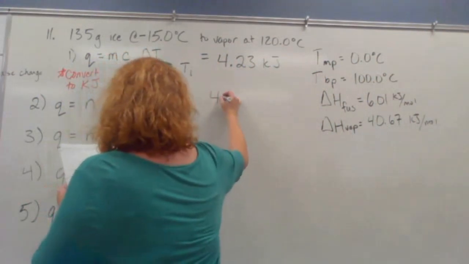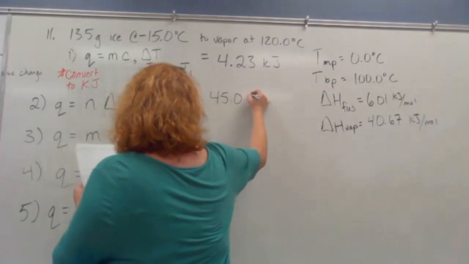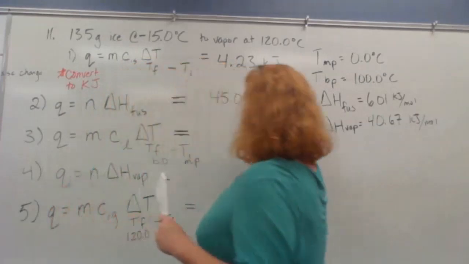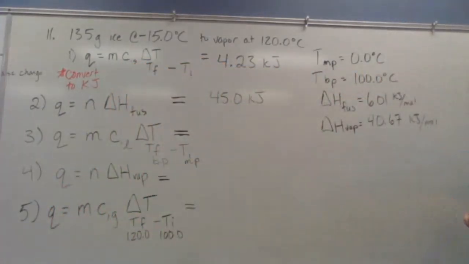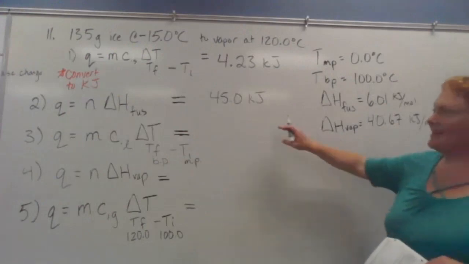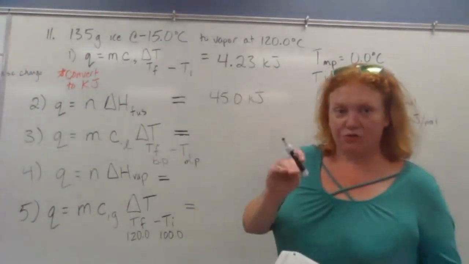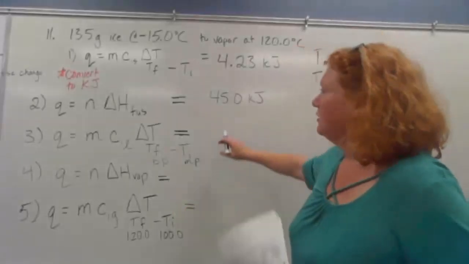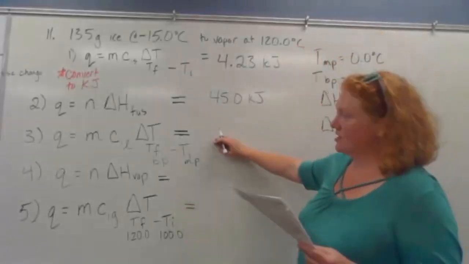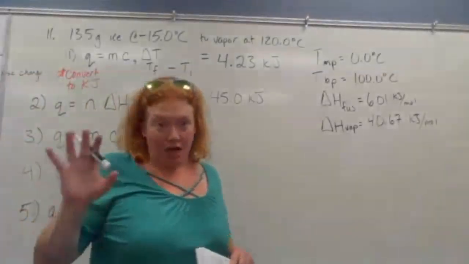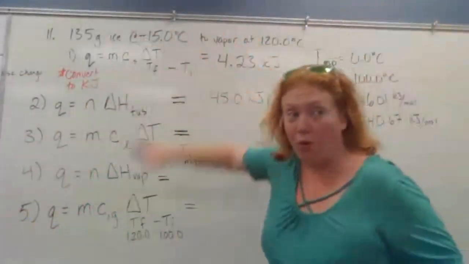Okay, so here I got 45.0. Step 2, okay. You had to add 45.0 kilojoules of heat. Step 3, to take that mass, because it's still 135 grams. It's 135 grams of H2O throughout the whole problem.